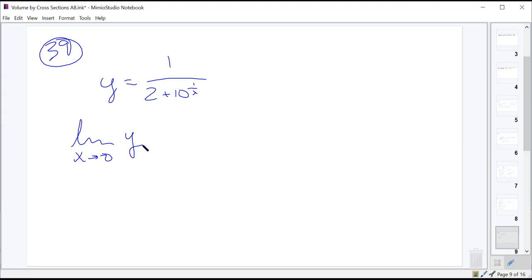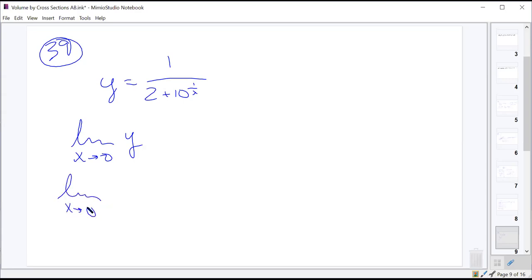This one's sort of similar to the inverse tangent one that we did. This one's got some sort of weird stuff going on here with the 2 plus 10 to the 1/x. And we'll note that since the x is up in there in an exponent, if it's a 1/x, that's often a sign that we might want to look at what's happening from the left and from the right. So let's look at the left.